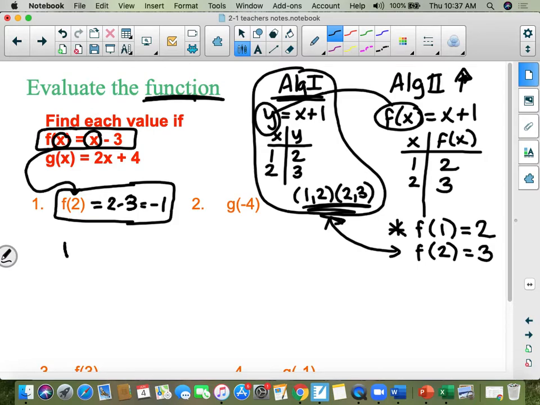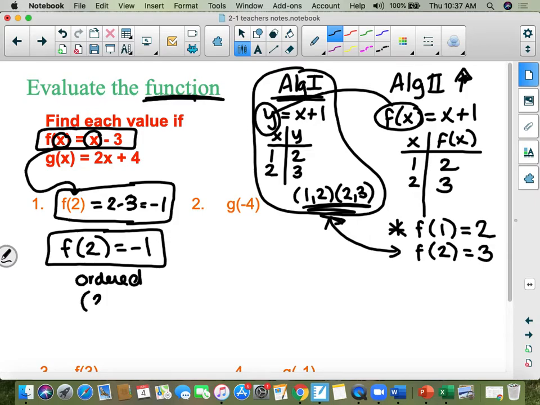So f of 2 is equal to a negative 1. What does this mean? It means that this is the ordered pair that you would have known in Algebra 1 as (2, -1). These mean the same thing in math. So we're just learning how to rewrite things in a different form the higher level math you get.